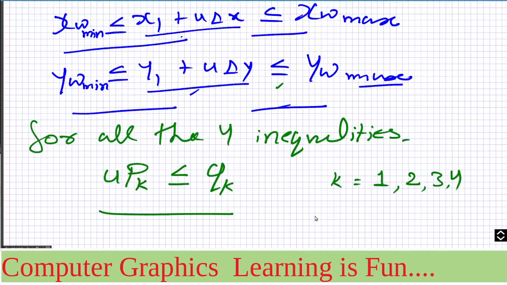How is this related to the conditions? Let me tell you the values of k. It is going from 1 to 4. So you will have P1, P2, P3, P4 and Q1, Q2, Q3, Q4. So it is saying u into P1 is less than or equal to Q1.